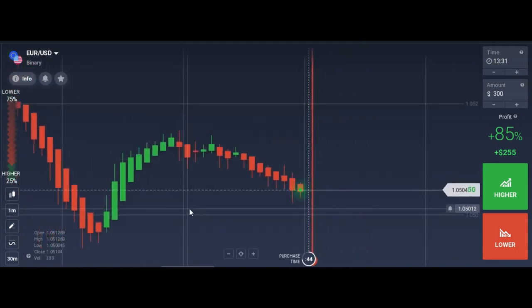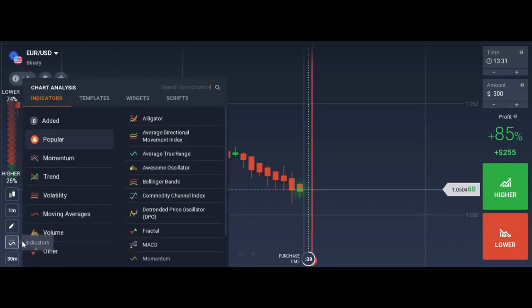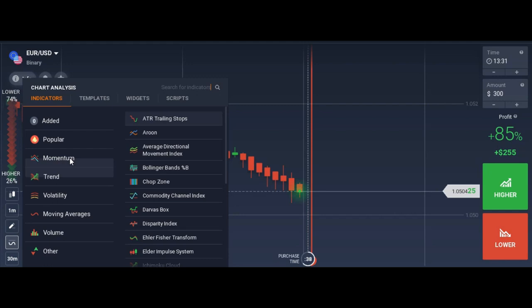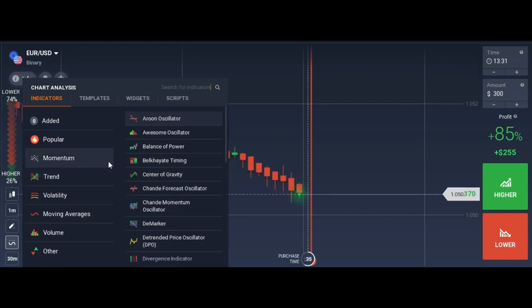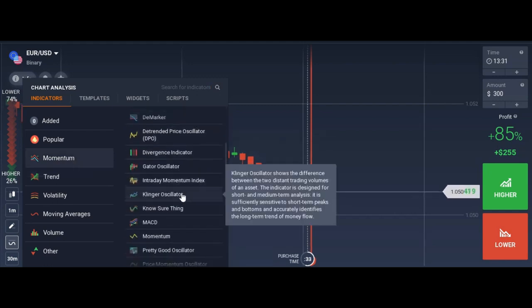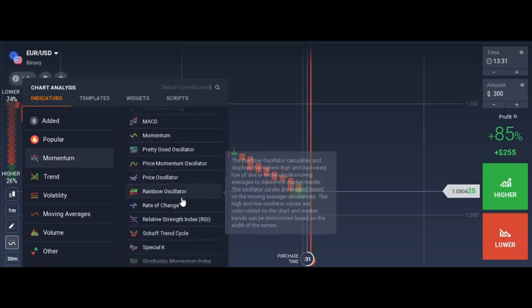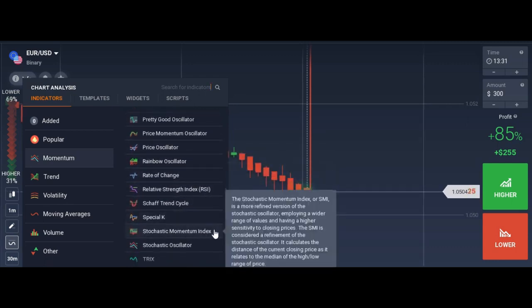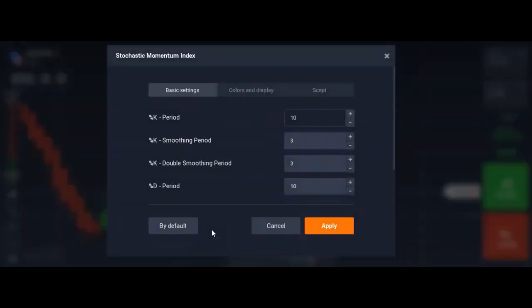The first indicator that we are going to use can be found where it says momentum, and it's called Stochastic Momentum Index. For those who use another trading platform and don't have this indicator, you can use the stochastic oscillator with its normal parameters.